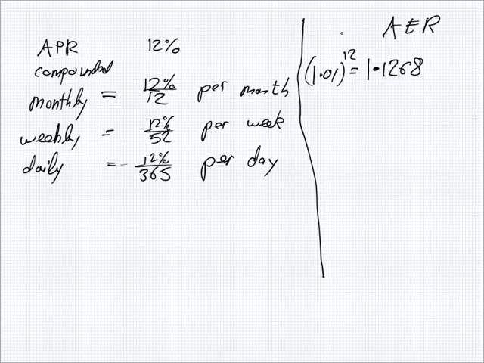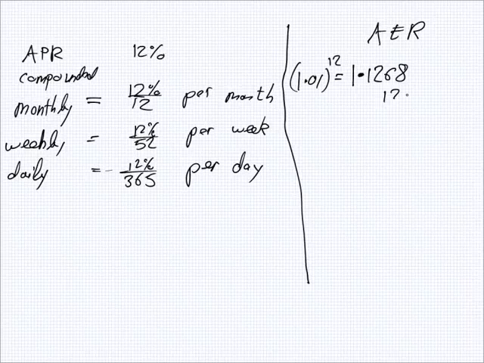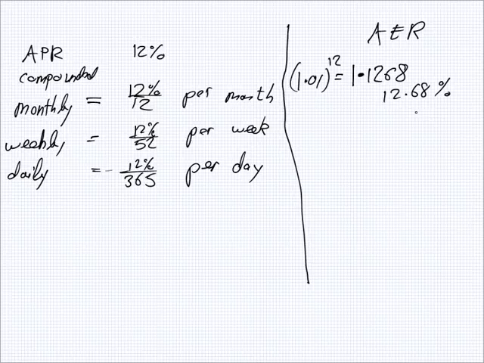So what would that be as an AER? That would be 12.68% AER. At the end of the year, that's how much extra you have. That's what AER means. So this is the extra, the interest. Okay, I want you to try your best. Try and give me the other two, please.